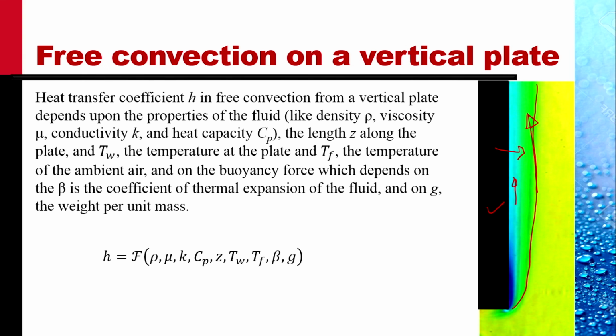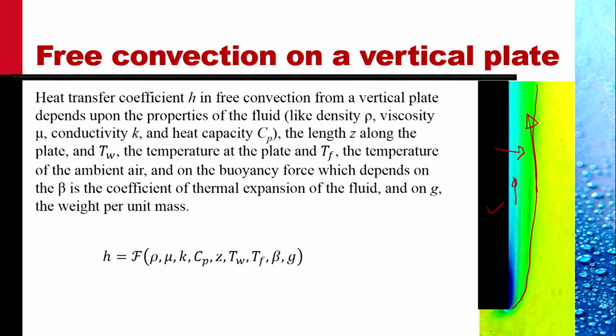The heat transfer coefficient h in free convection from a vertical plate depends upon the properties of the fluid like density rho, viscosity mu, conductivity k, and the heat capacity Cp of the fluid. The length z along the plate, Tw the wall temperature, and Tf the temperature of the ambient air.